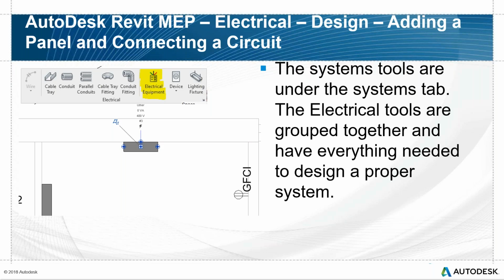And we will have a live demo when this is over, so we can look to see how easy it is to put this together. But simply to put a panel in place, you just select it from the electrical equipment, check to make sure it's the right type of panel. The Revit library has a very large number of panels that you can add, so they're already pre-made.